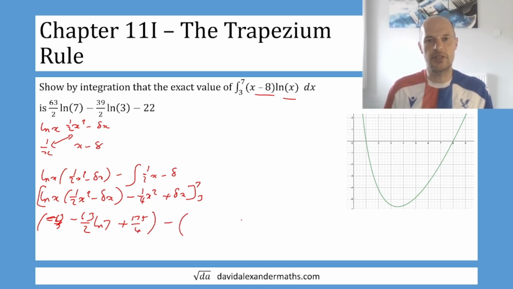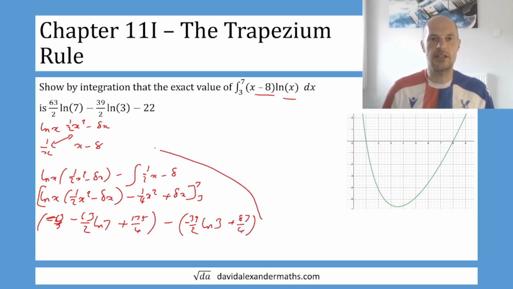And now putting the 3 through the function, so how many ln 3s is that going to be? 1/2 times 3 times 3 minus 8 times 3, that is minus 39 over 2 ln 3, minus 1/4 times 3 times 3 plus 8 times 3 is plus 87 over 4.